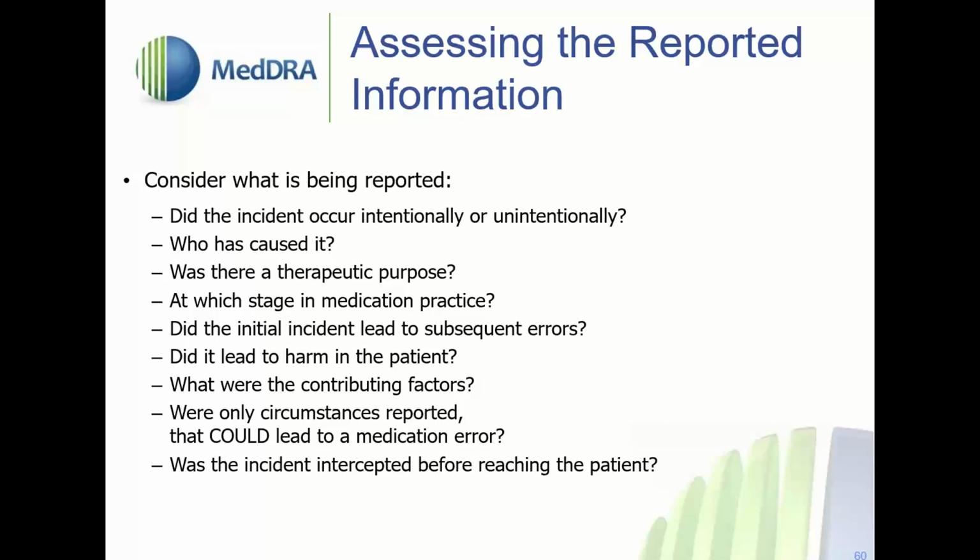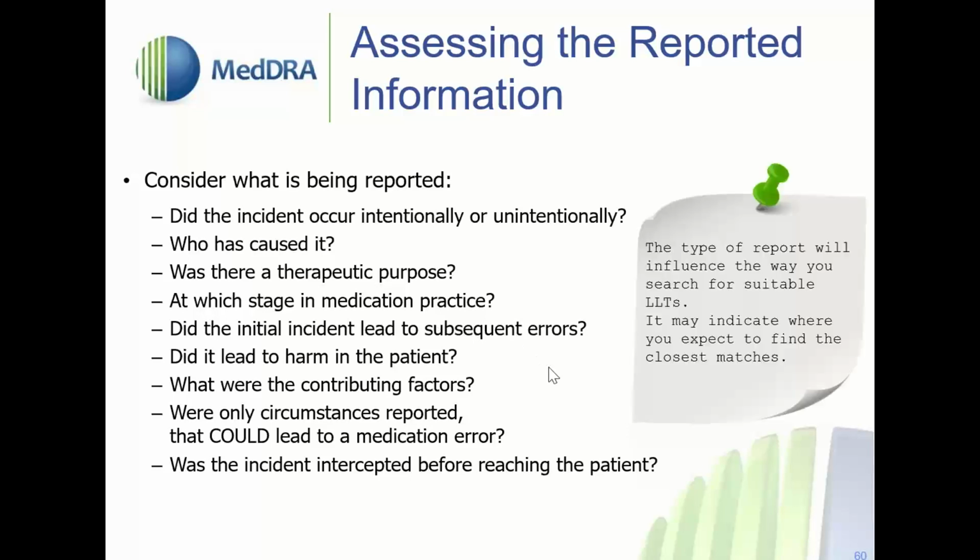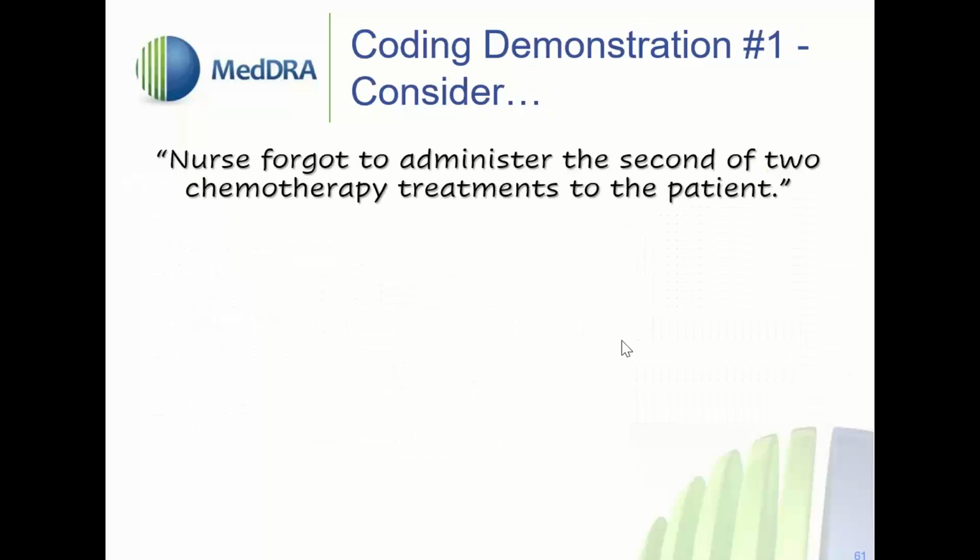And if contributing factors are reported, they need to be captured in addition. Or was the report referring to circumstances that could lead to a medication error, a potential medication error? Or was the error intercepted before reaching the patient? Because the type of information that you will get will influence the way you search for appropriate terms. It will help you find the most suitable LLTs or the closest matches. Right, and we have a little reminder there for you.